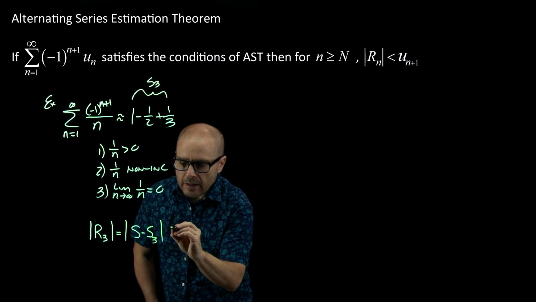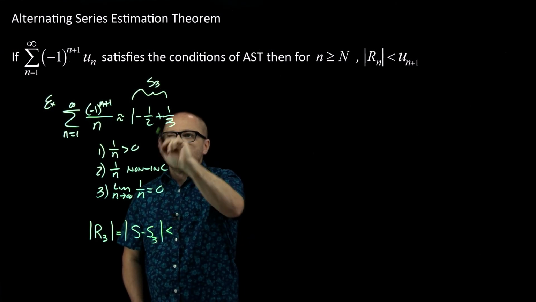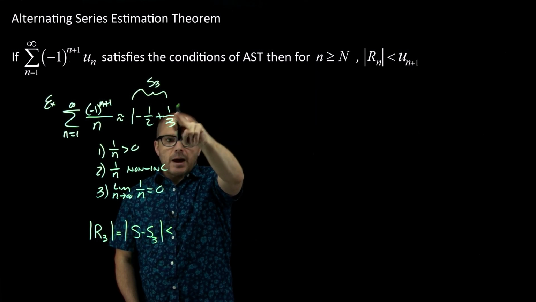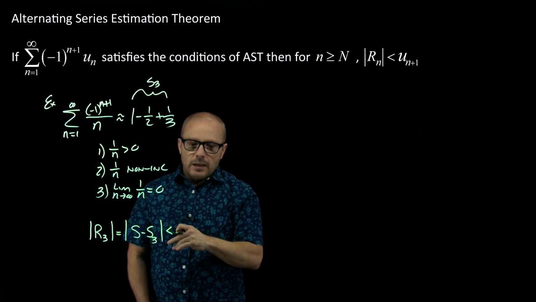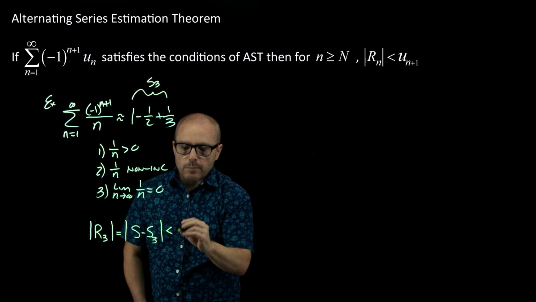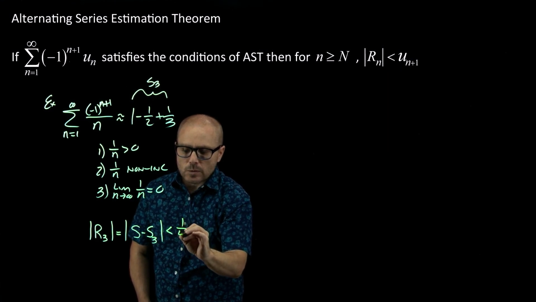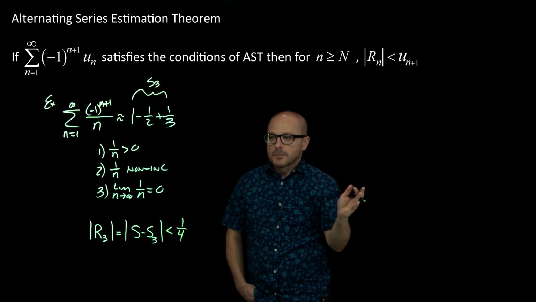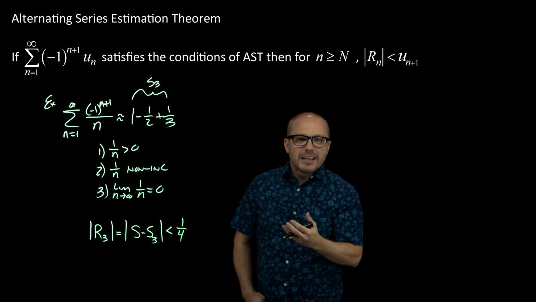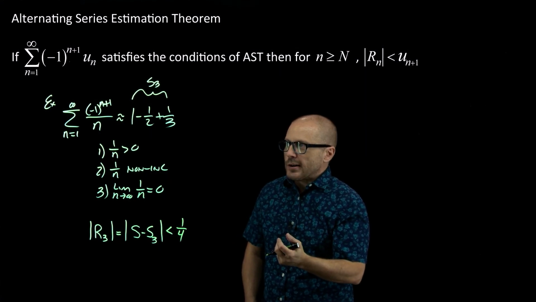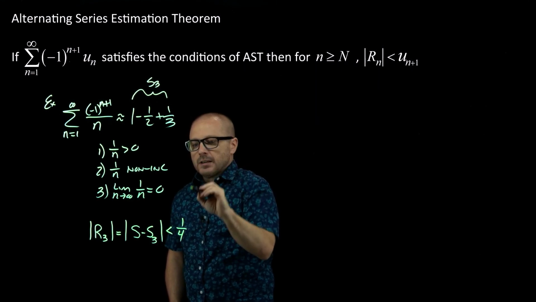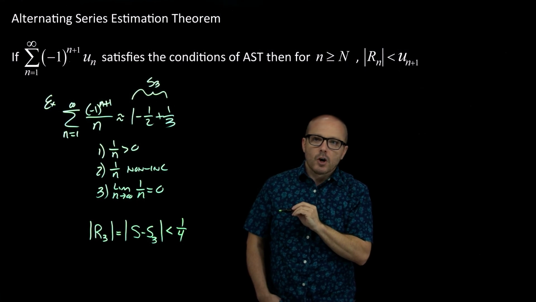Well, what's the next u? The next term is minus a fourth, right? But we just want the 1 over n part, so just 1 over 4. And that's it. So very easy to use, doesn't really require any computation. Whatever that next u would be works as an upper bound on your error.